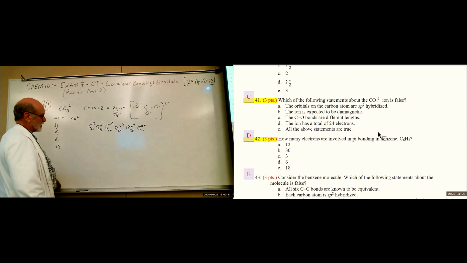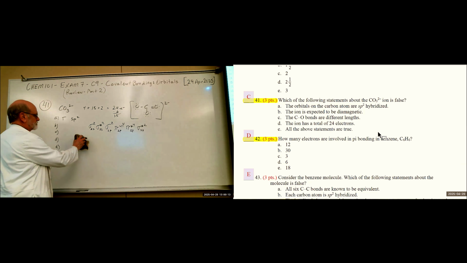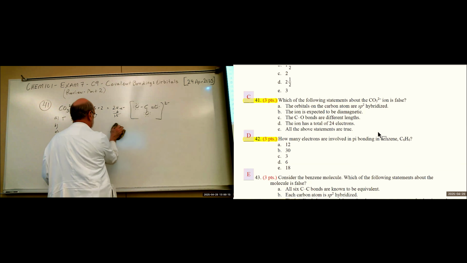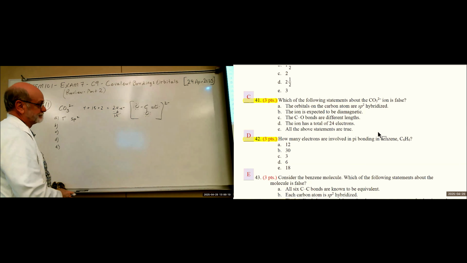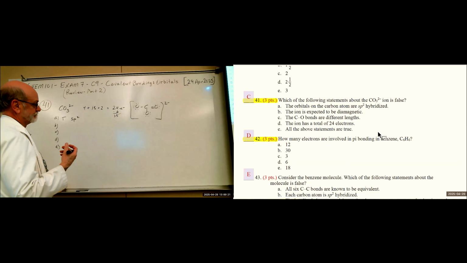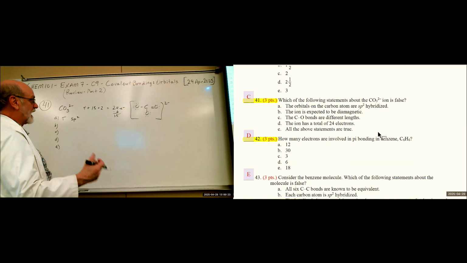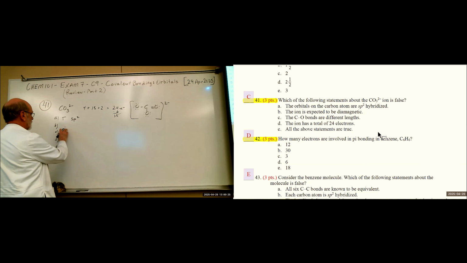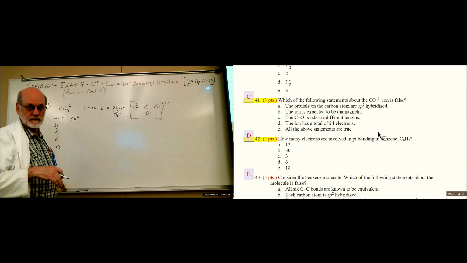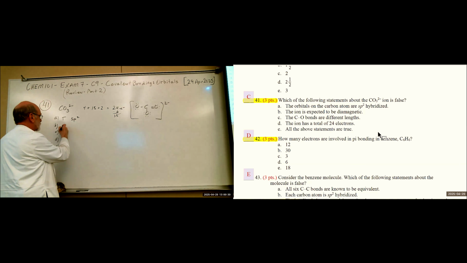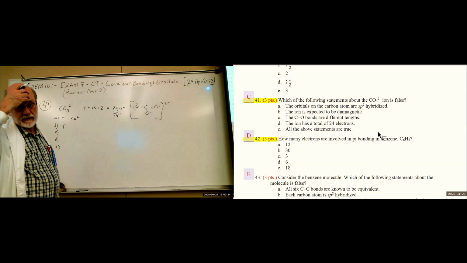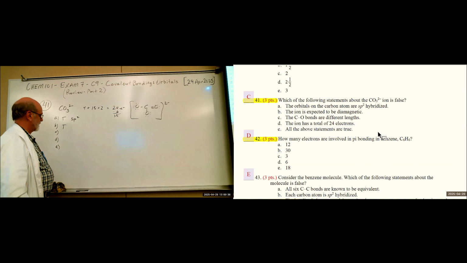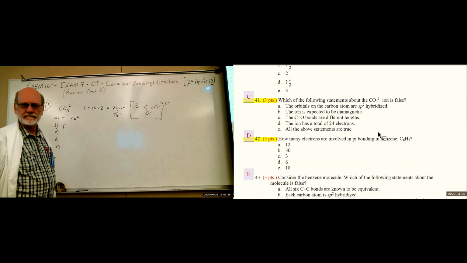My expertise doesn't go that high. I don't have an explanation. So this one would have to be true, expected to be diamagnetic. That makes it a bad question, doesn't it?